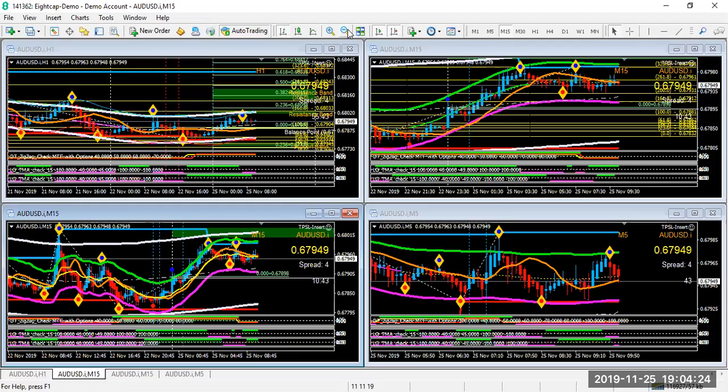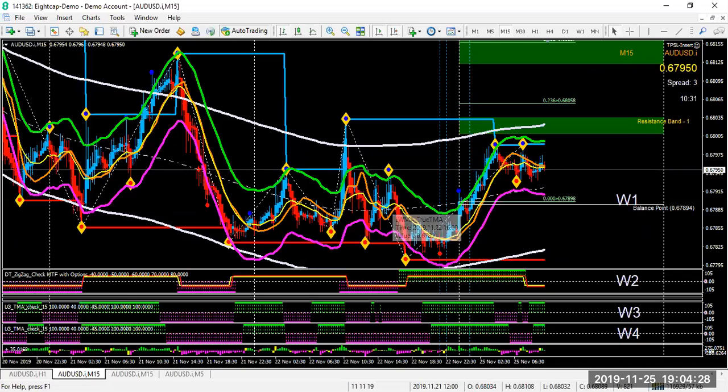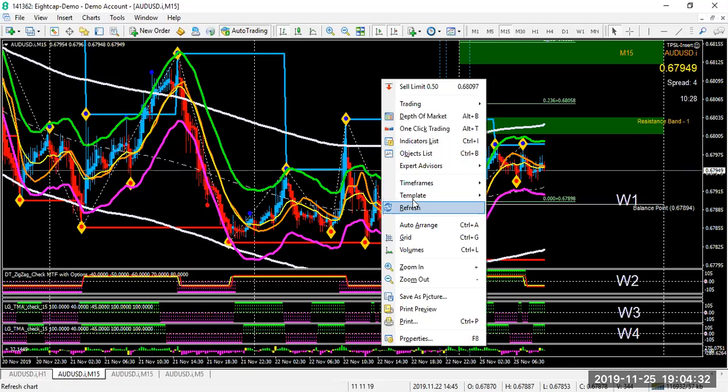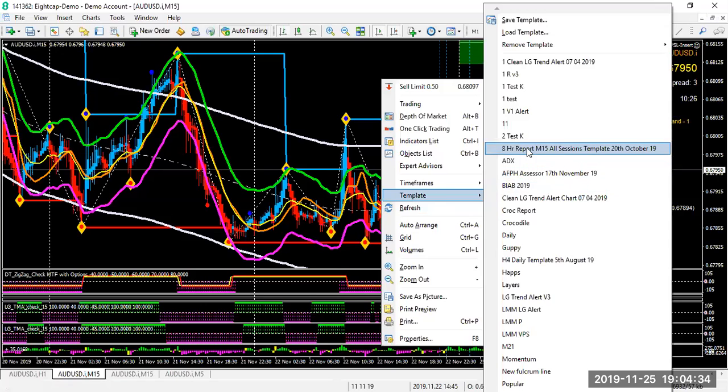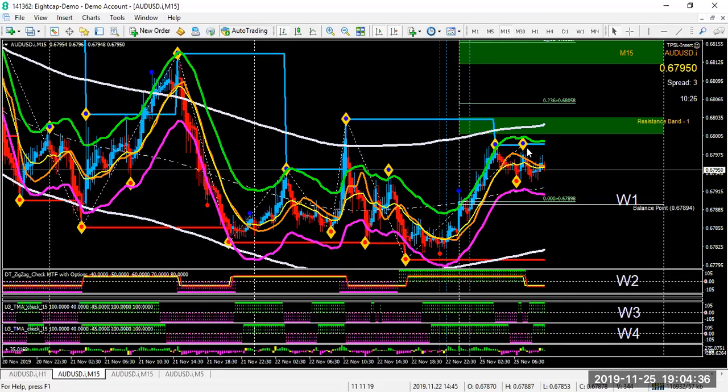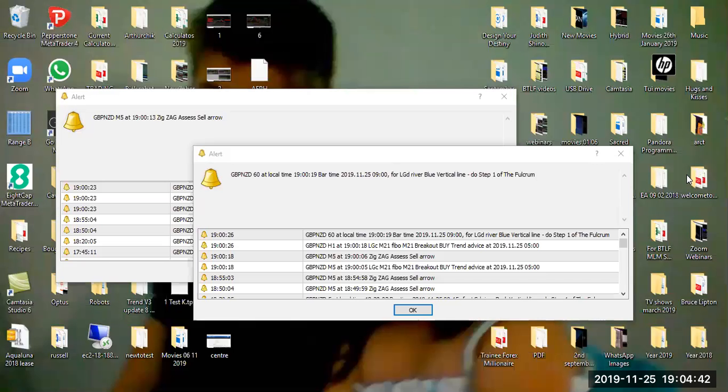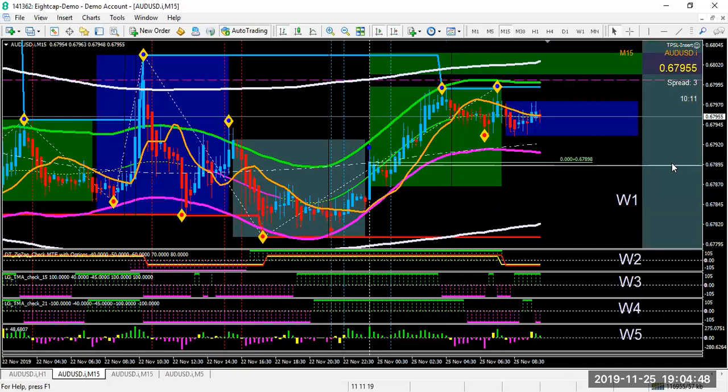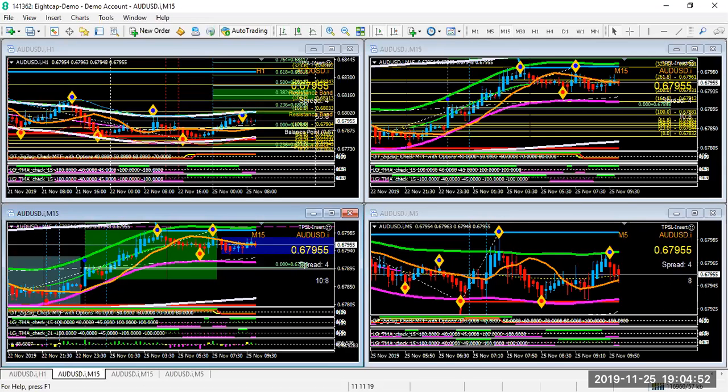So yes, once again, let's just quickly put a 8R report one there, so keep our multi-chart screen in the ideal setup, yeah. Okay.